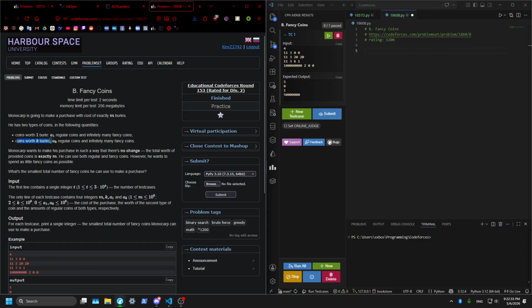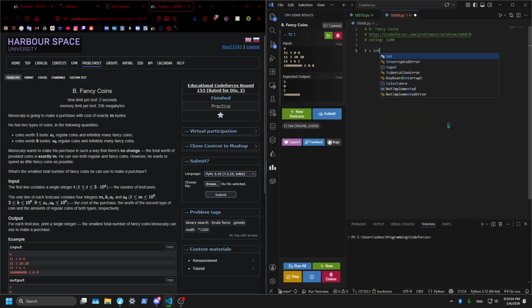Coins worth K burls, AK regular coins, and infinitely many fancy coins. What does this mean? Monocarp wants to make his purchase in such a way that there's no change. The total worth of the provided coins is exactly M. He can use both regular and fancy coins. However, he wants to spend as few fancy coins as possible. What's the smallest total number of fancy coins he can use to make a purchase?